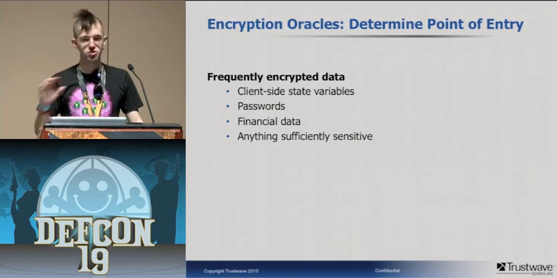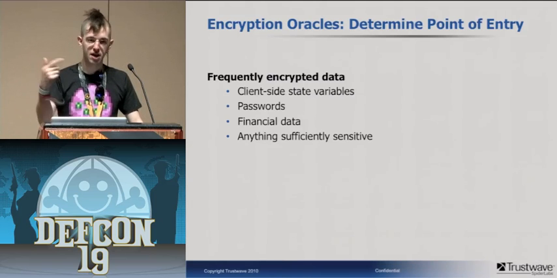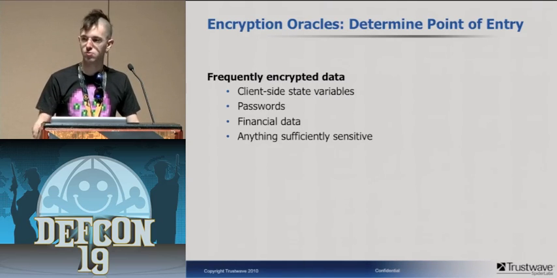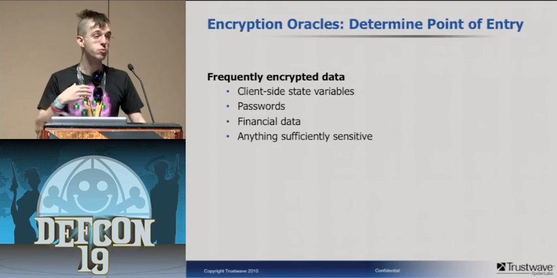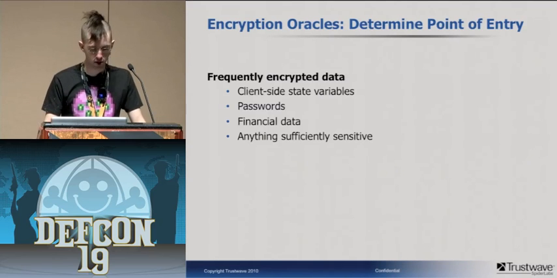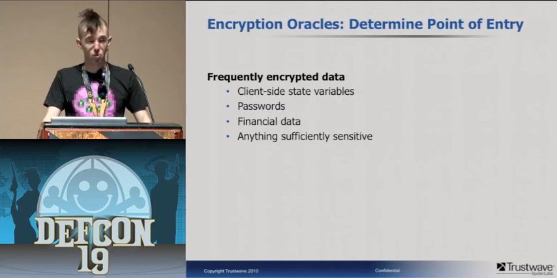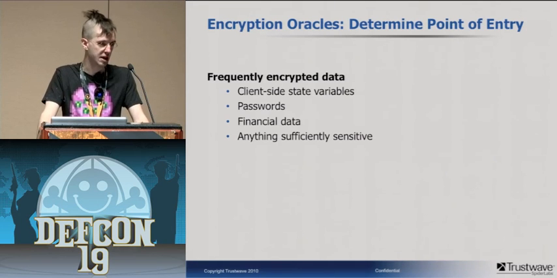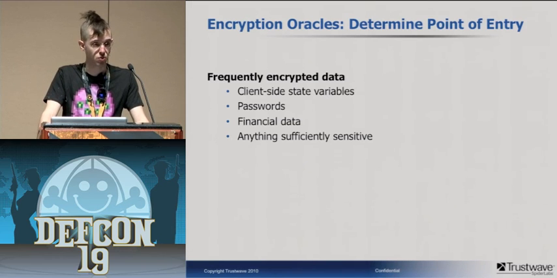So some people will say, okay, well, let's encrypt the data and then give it to the client, and they'll pass it every time they are making a request. And that way we'll keep the state, we'll keep the session variables, but we won't have to hold on to them. So if you control part or all of that, you have an encryption oracle. So for instance, the view state in ASP.NET is frequently a partial encryption oracle.